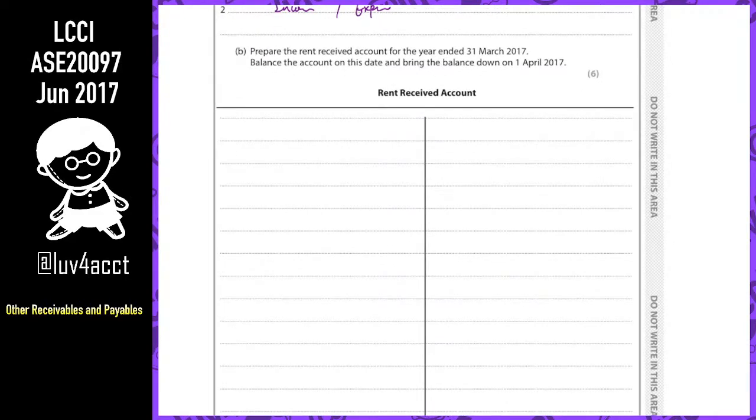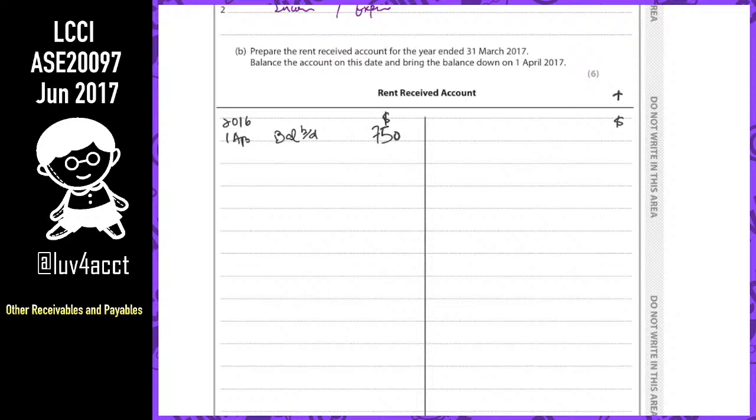So rent received account is in the credit side because it is an income account. Year 2016, it is a debit balance. Year 2016, 1st of April, the balance brought down, we have 750.